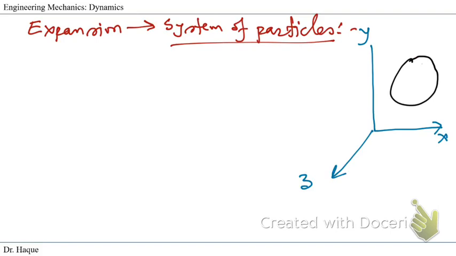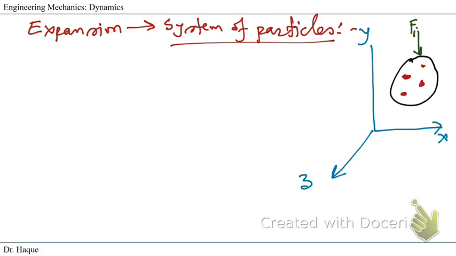A small particle here, a small particle there, another particle here, another particle here. There is some force acting on the body. It could be F_i. So there are a lot of particles and an external force.